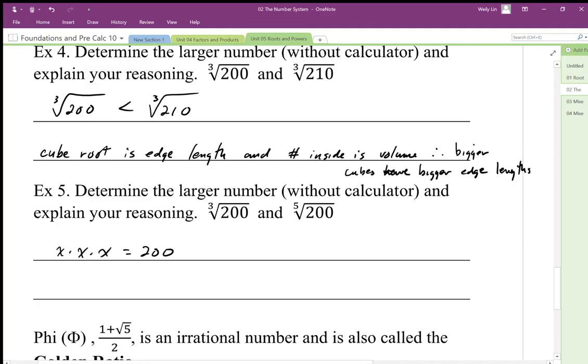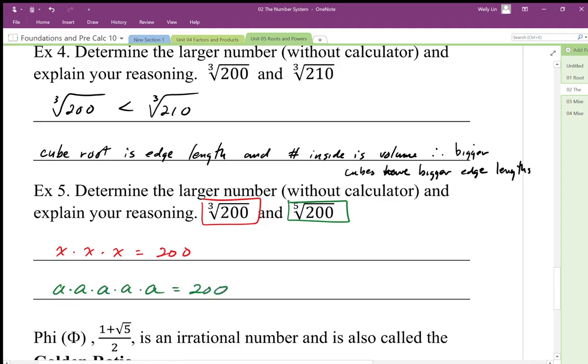And there's another number that we'll call a, where a times a times a times a times a equals 200. I'll use color here so that we know which ones we're talking about.